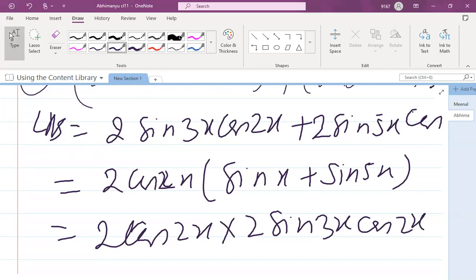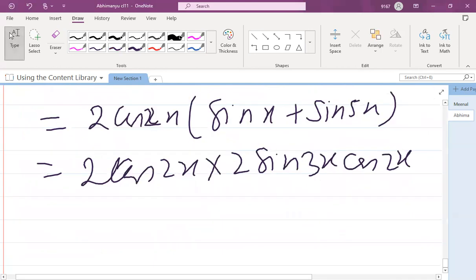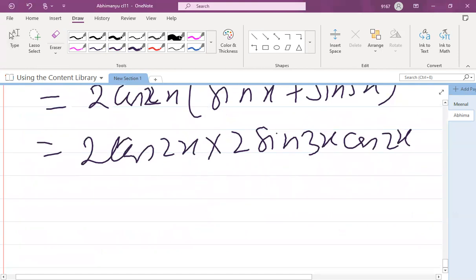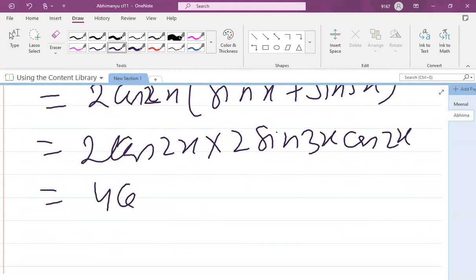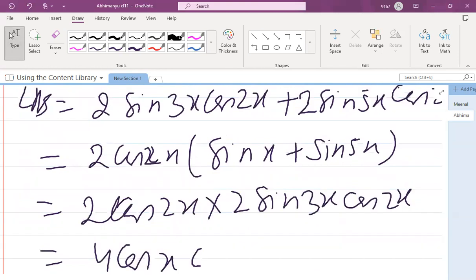So रीअरेंज करके लिख लो इनको. यही करना था आई थिंक. तो 4 cos, ये हो गया आपका 2 2 जा 4 cos x. यहाँ पर कुछ गलत हुआ है आपका 5x minus x, 4x by 2, cos 2x.